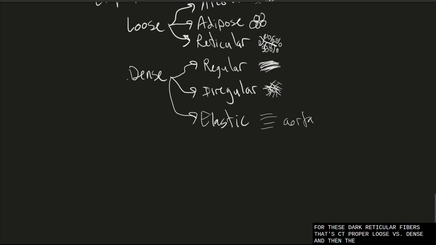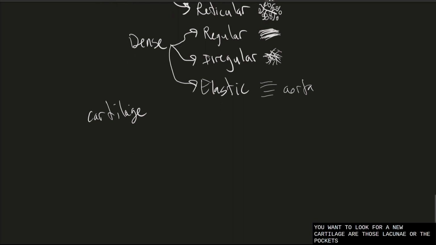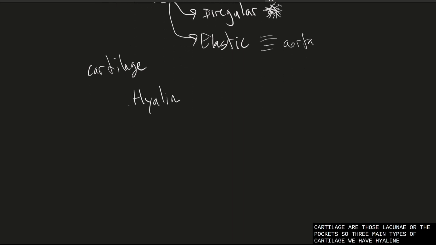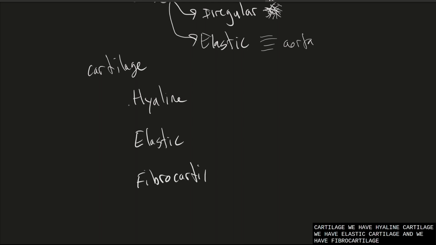And then the next type of connective tissue is the cartilage. Remember, what you want to look for in the cartilage are those lacunae, or the pockets. Three main types of cartilage: we have hyaline cartilage, elastic cartilage, and fibrocartilage.